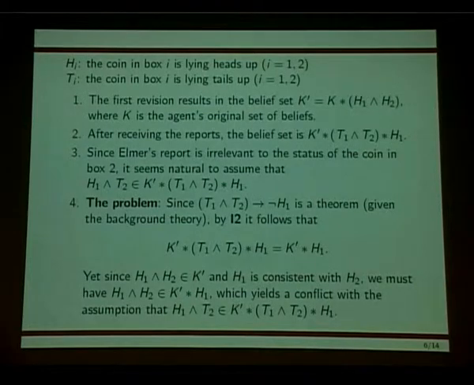First argument: since Elmer's report is irrelevant to the status of the coin in box 2, it seems natural to assume that T2 is still in the belief set. So that at least box 1 is now heads and box 2 is now tails should be in the final outcome, which is the sequence of these three revisions.